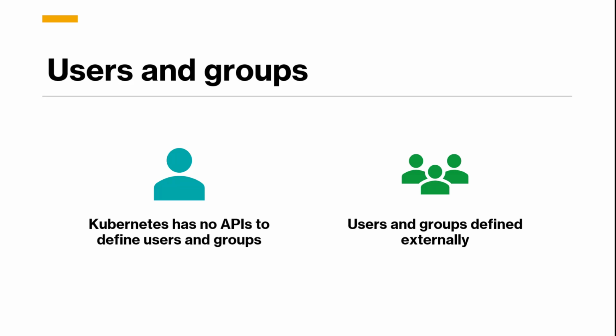These users and groups have to be defined externally. For instance, when you're using certificates, the users and groups are defined directly inside the certificate. If you're using something like Azure AD and you connect it via OpenID Connect, then the users and groups are defined within Azure AD. Now, this is different for a service account.